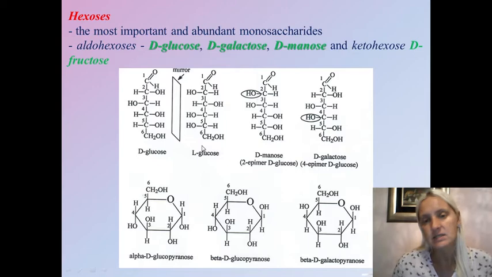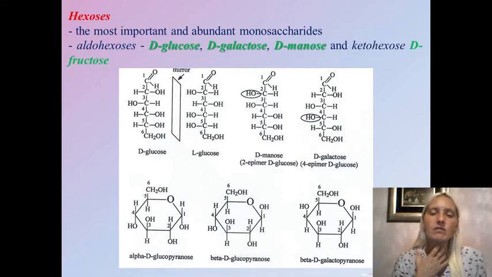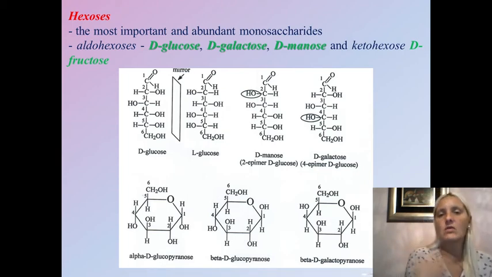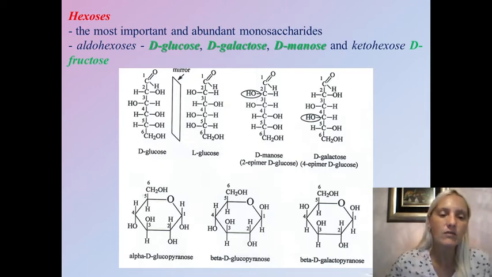And if you ask me, if there is more than one chiral center in the molecule, how can I predict which of the isomers is going to be D or L? We analyze the position of the OH group on the chiral carbon atom which is the farthest from the functional group.